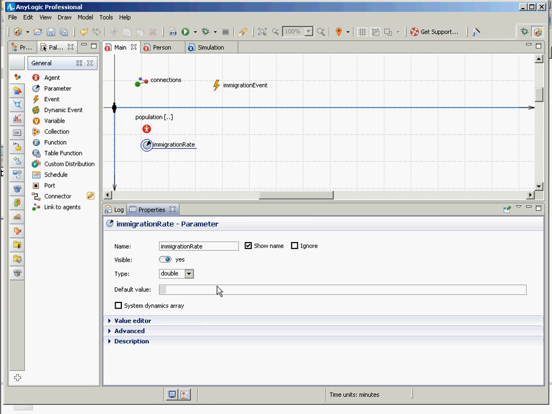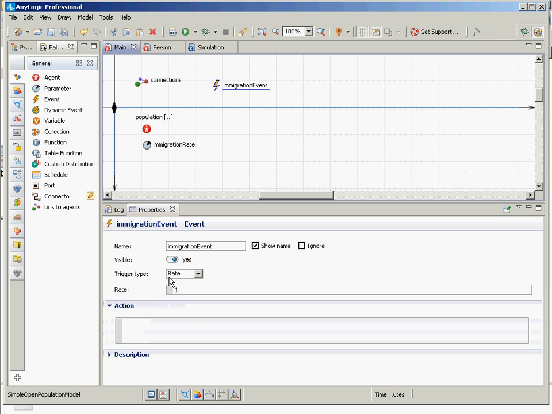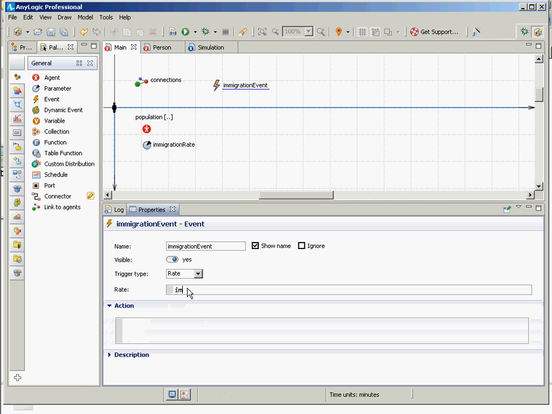Is there any reason this should be per day or per year? Just wondering about other things we're adding to the model. Let's make it per year. So let's make 10 people per year. And then we will have this immigration event go off at a rate given by that immigration rate. Okay?